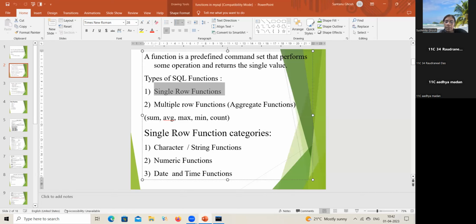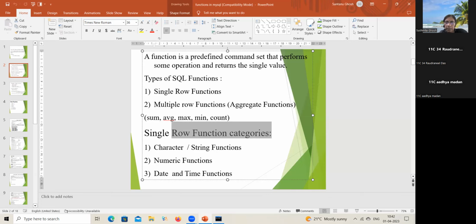Okay. Now single row functions are further categorized into different categories based on the type of data I'm talking about. We have done various data types in SQL: character data type, numeric data type, date and time. Date type data also is there. Time we have not used, but date we have used.